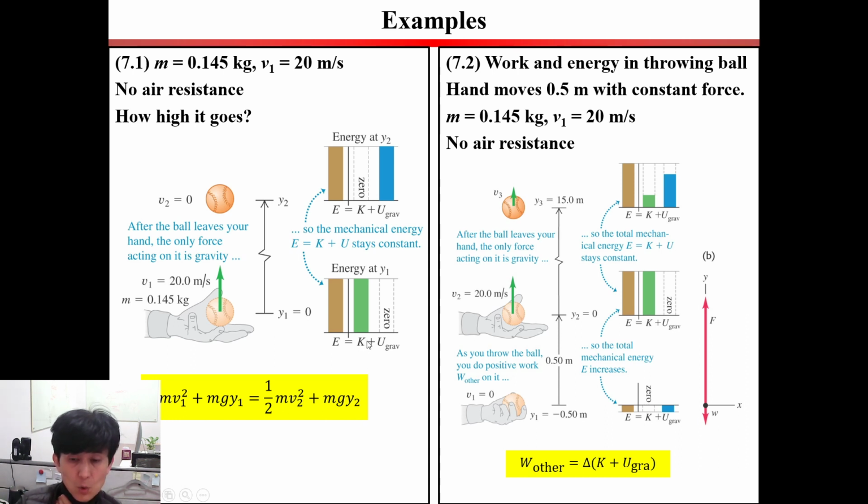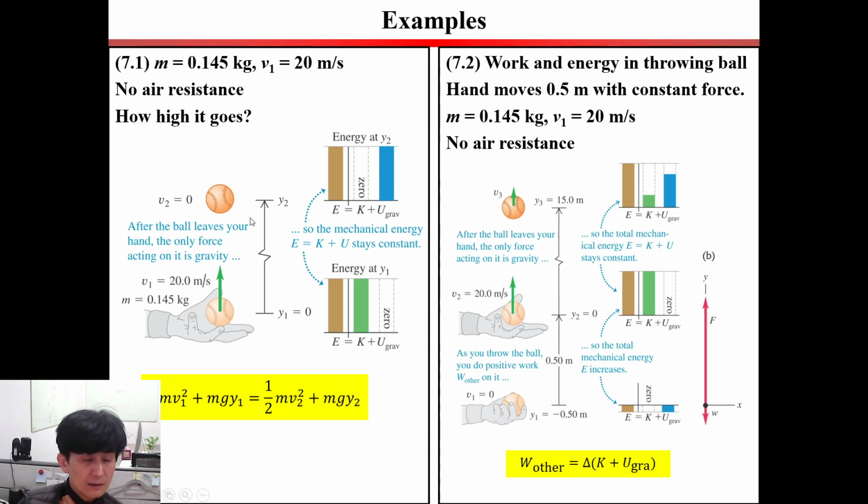Right. So by using this system, it is easy. We can easily calculate the peak position with respect to the initial position. If we call that peak position y, then for system 2 at the peak position, V2 is equal to 0, so we have only gravitational potential energy.